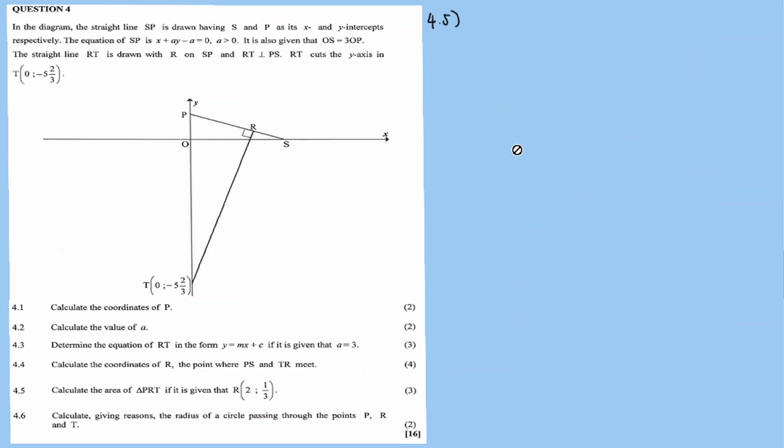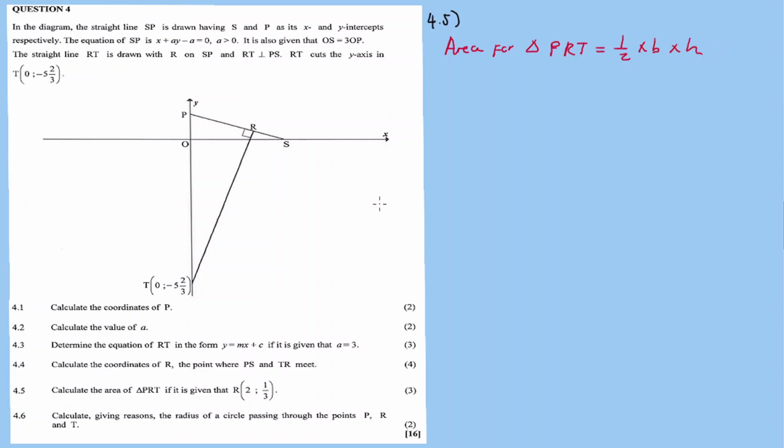Alright, so 4.5 sifuna le area ka triangle PRT. Now, this triangle. Also we know that the area for triangle PRT is equal to half times base times height.